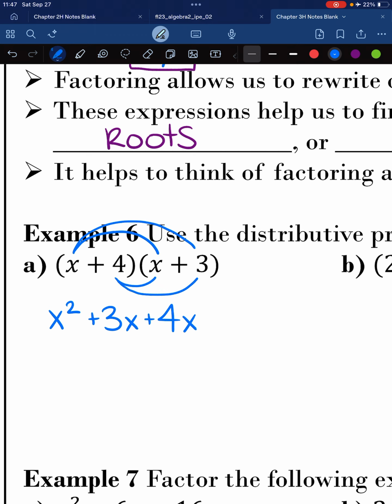And 4 times 3 is going to be 12. Okay? And then notice, this is going to be really important, that I combine these two middle terms together because they are like terms, and we end up with x squared plus 7x plus 12.